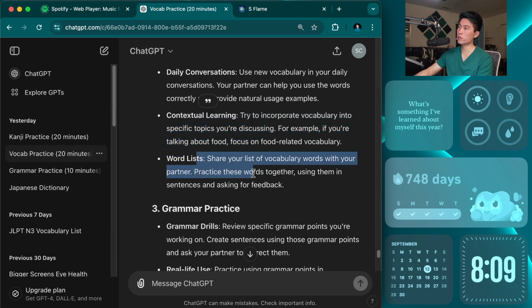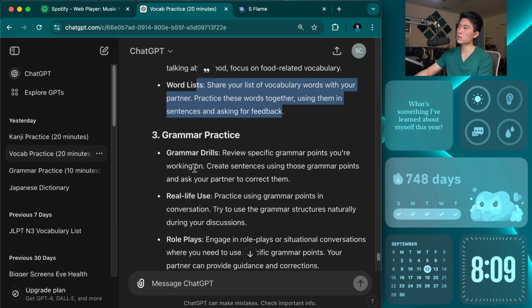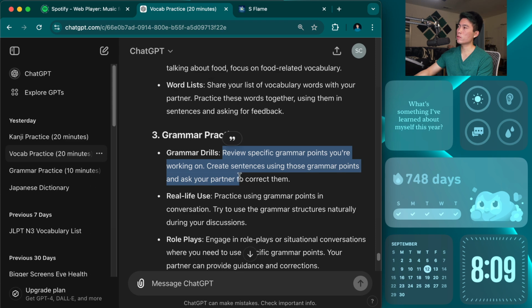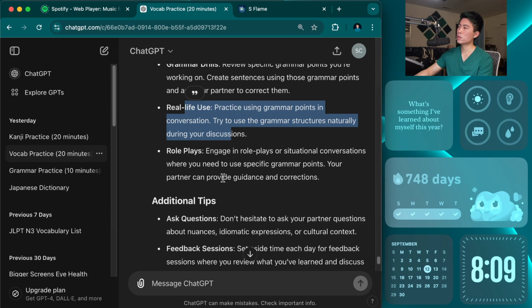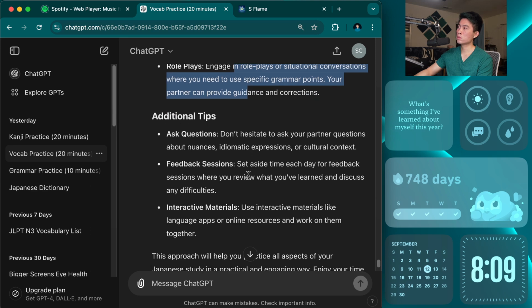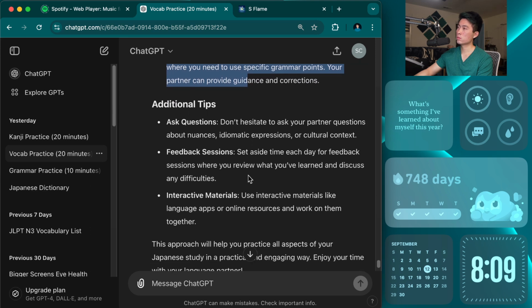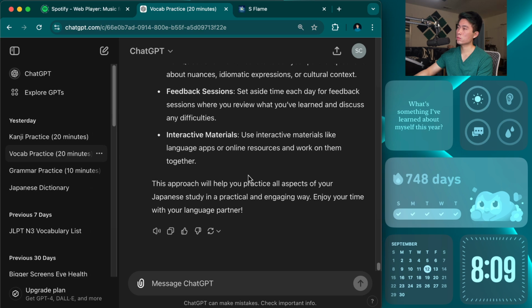Share your list of vocabs. Practice the words together using them in sentences and asking for feedback, okay? Grammar drills, review specific grammar points you're working on. Create sentences using those grammar points, real life use. Practice using grammar points in conversation. Role plays, engage in role plays or situational conversations. That's a good one. Okay.